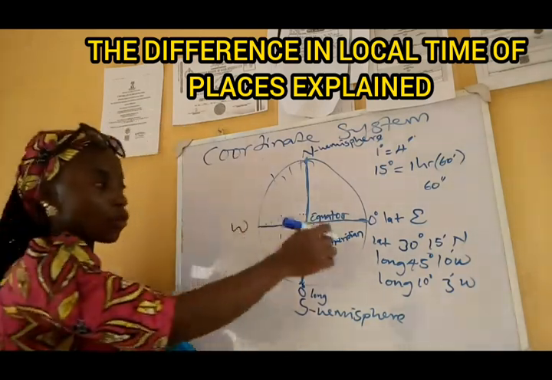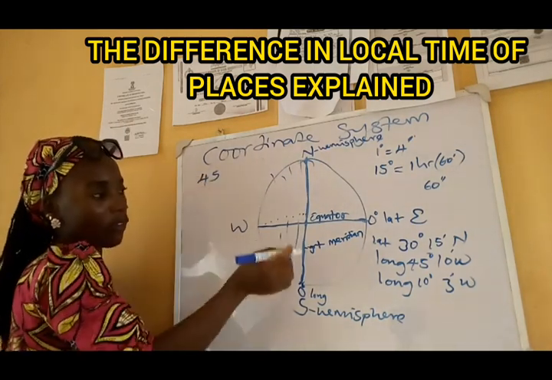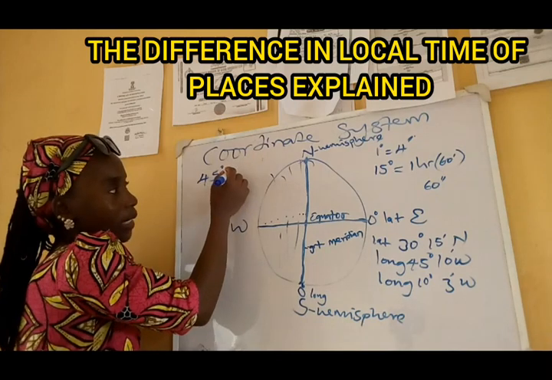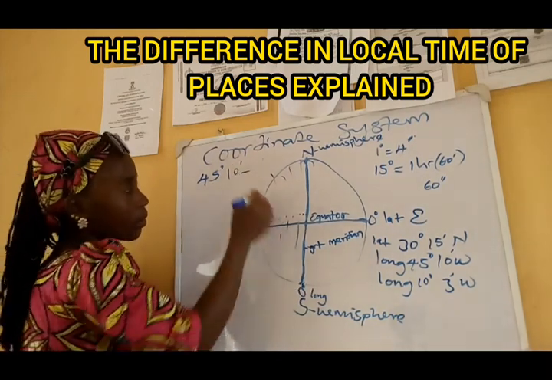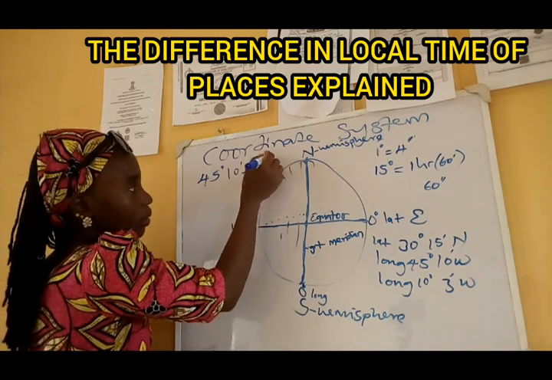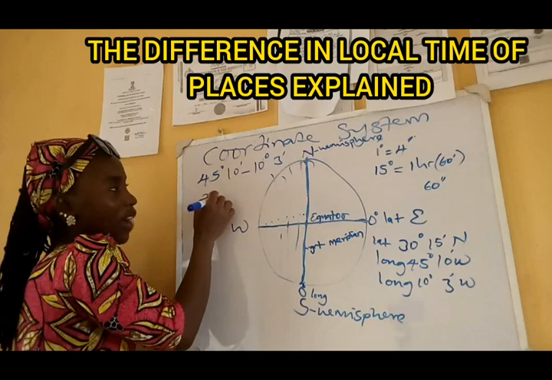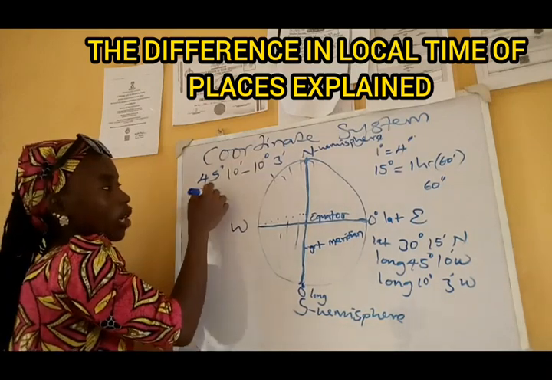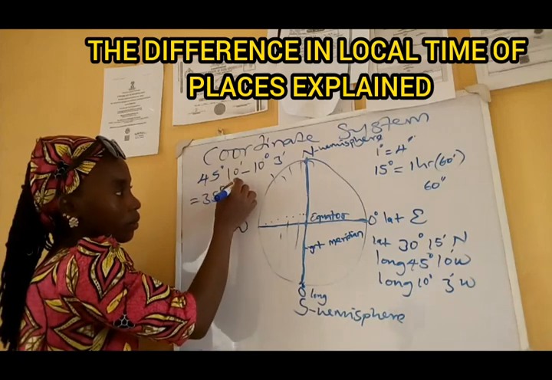I will just do 45 degrees 10 minutes minus 10 degrees 3 minutes, which will be equal to 35 degrees 7 minutes.